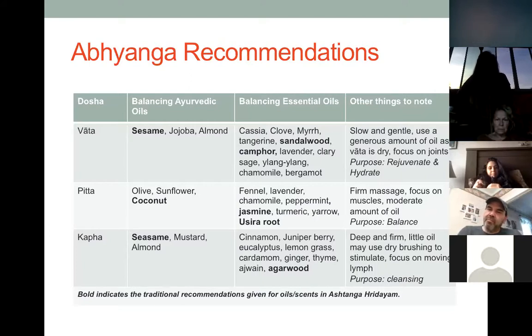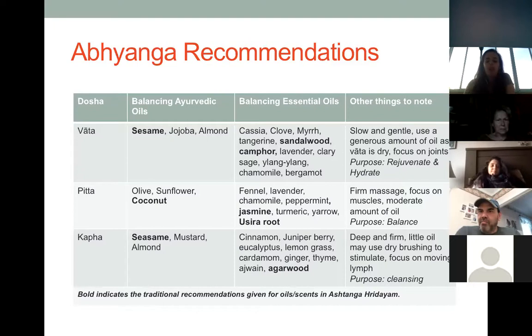And then I just put some fun things in, balancing essential oils, some that are cooling, warming, all these kinds of things. We're going to use some tonight. This is not in the Ayurvedic texts. Actually, the ones that I highlighted are traditionally associated with Vata, Pitta, and Kapha. The other ones like cassia and clove are ones that I've related because of the qualities.